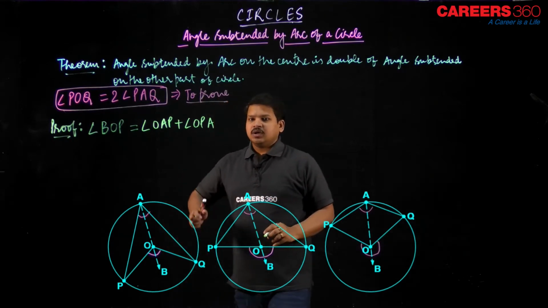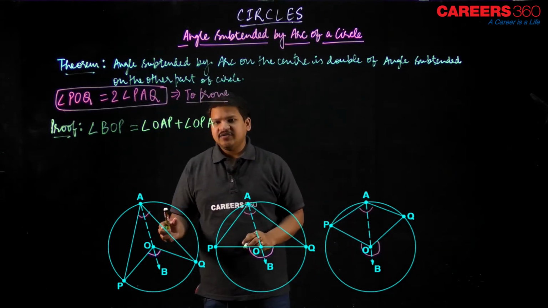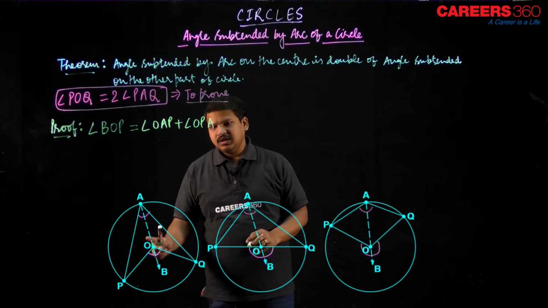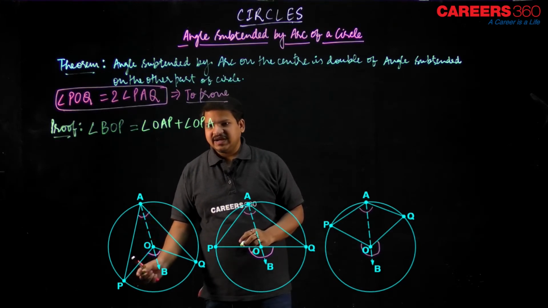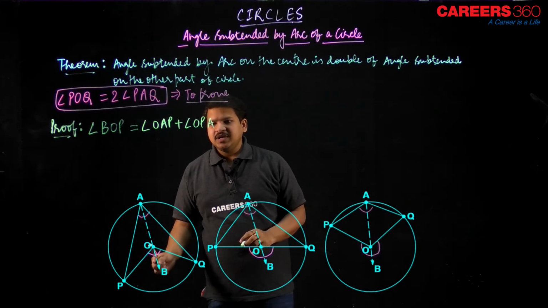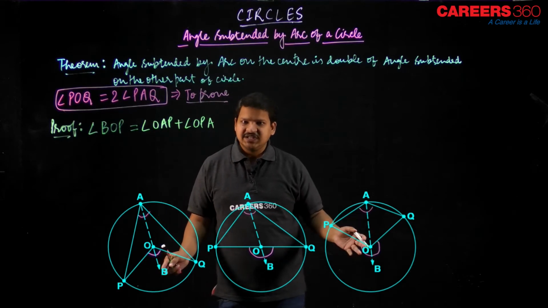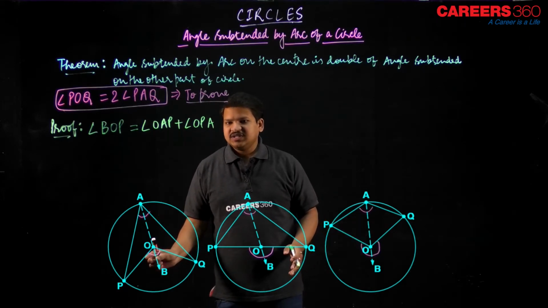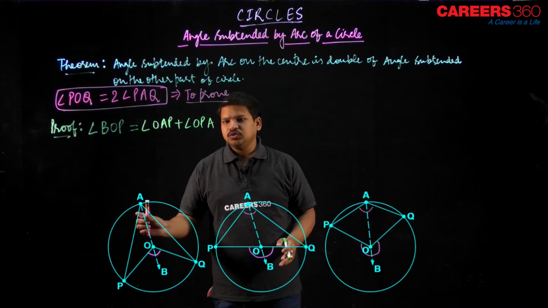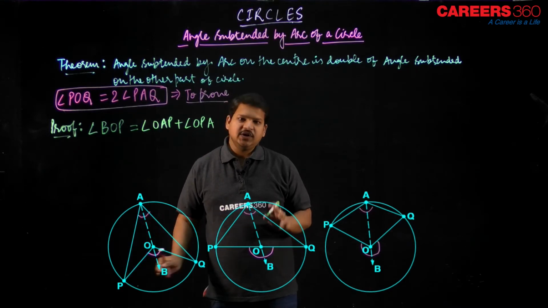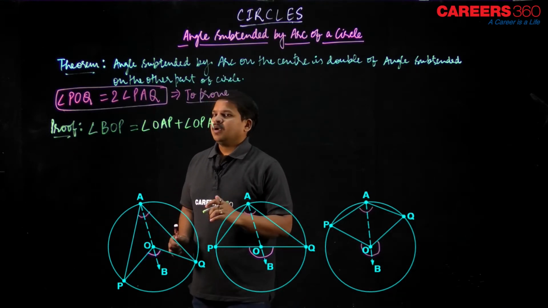You must be understanding why I have done this, because OAP is a triangle and BOP is the exterior angle, and the exterior angle is equal to the sum of the two interior opposite angles. I hope it is clear to you.